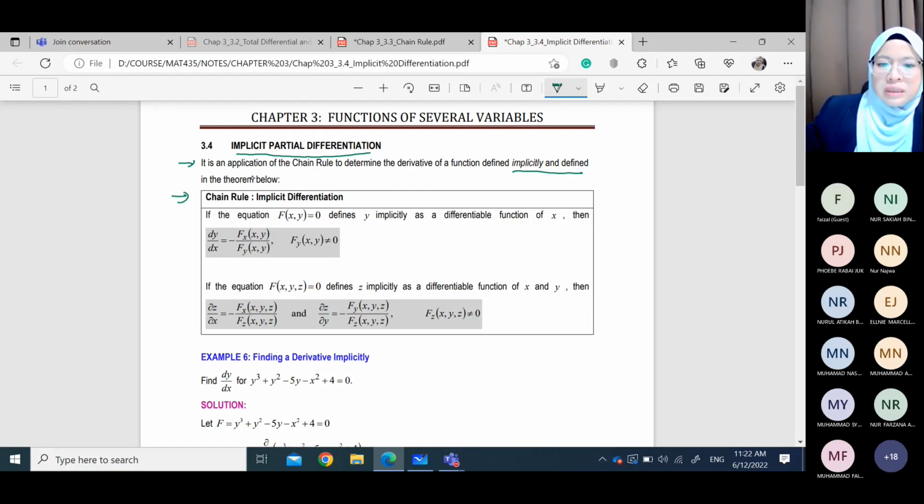Okay, so look at this one. Chain rule, implicit differentiation.